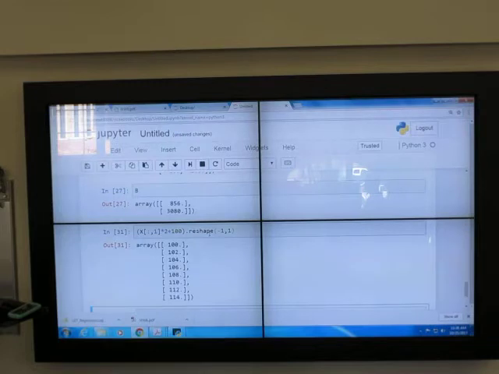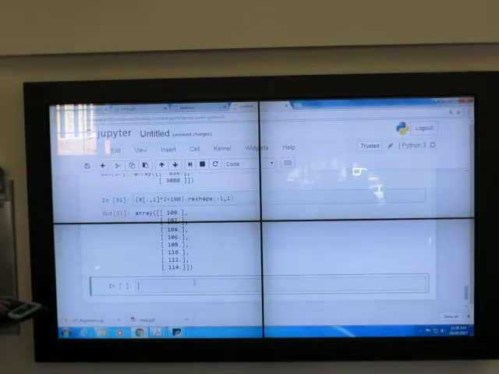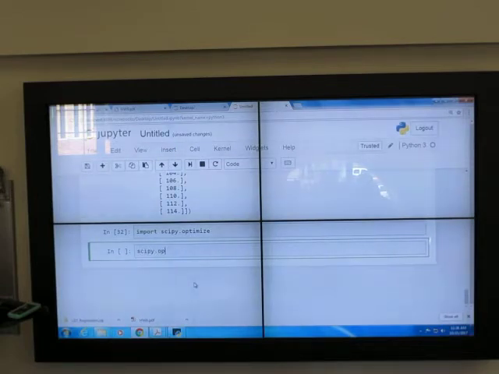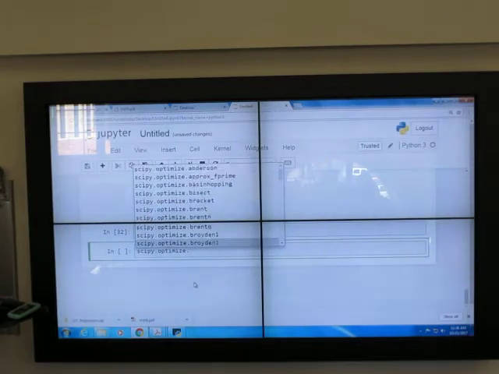You can solve it analytically, or you can use SciPy optimize fsolve, right? Is it fsolve?